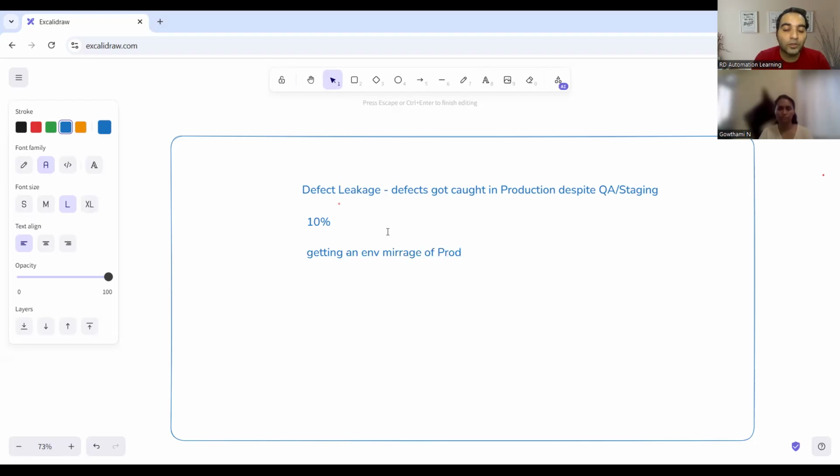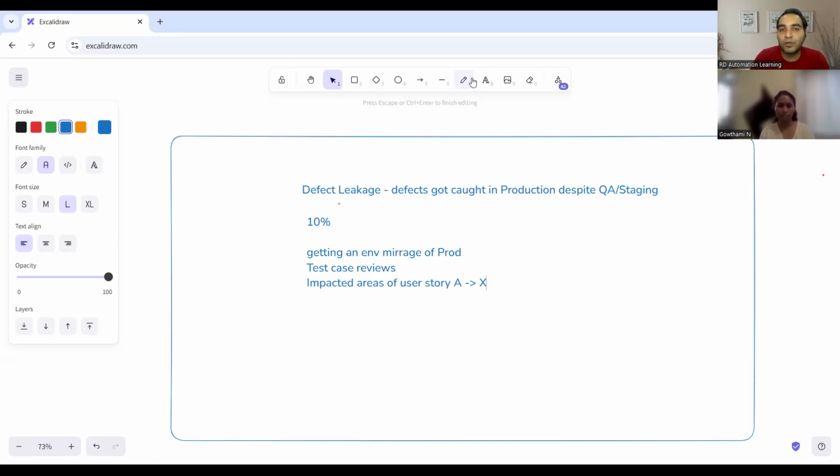Apart from that, you can have more test case reviews, right? Because why are those defects not caught internally? So test case review is an important thing. Then apart from that, you can see the impacted areas of the user story. So let's say there is a user story A which has been developed, but it might be touching X functionality which has already been developed and is being used.